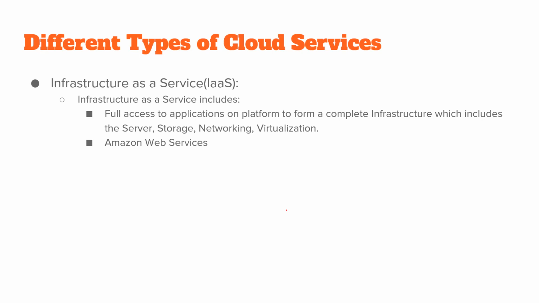The server is for all the computations, storage is for storing the data, networking is for making the communication between two systems or within the system, and virtualization is basically creating a standalone system in an application, like a virtual window.